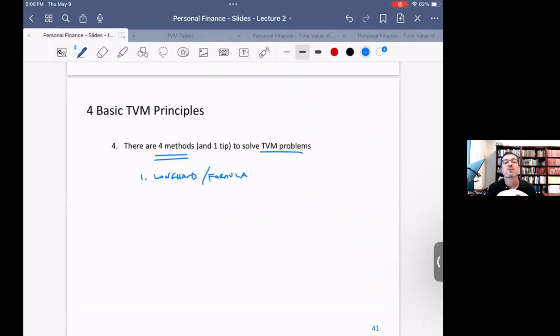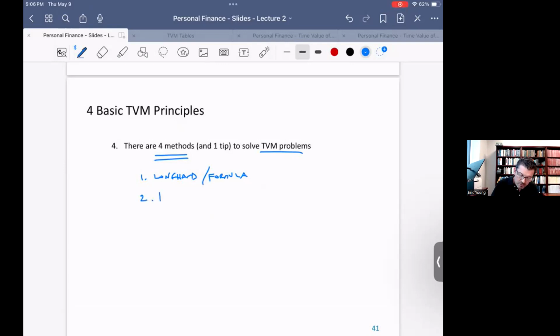There are formulas for all the calculations. Now, some people love longhand. They like to write things out, and that's how their brain works. Some people think it's cumbersome. It's up to you. The formulas are generally pretty easy when we're talking about lump sums. They get a little bit hairy when we're talking about annuities, but that's one option, longhand.